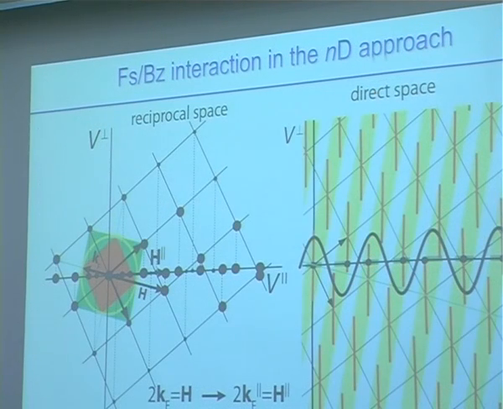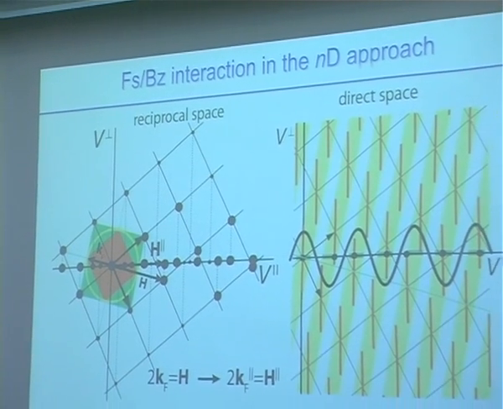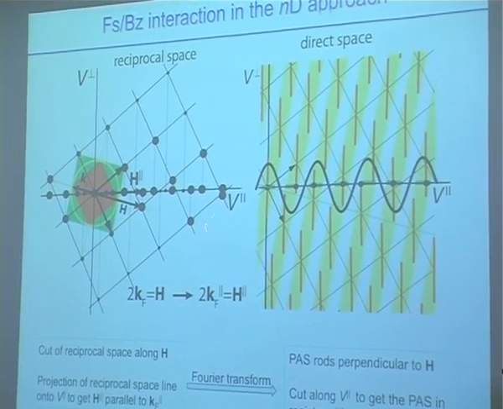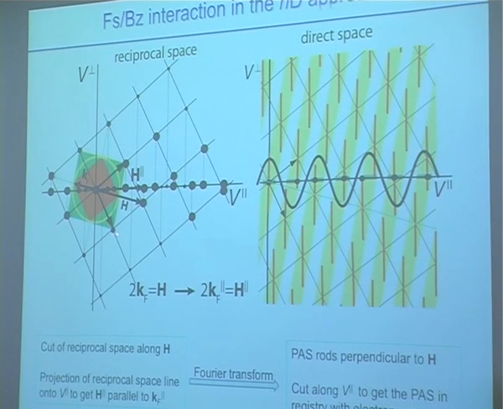And how to describe it in higher dimensional space? That's my last slide in this sequence. And if you have the Fibonacci chain again, and here you have the reciprocal space, then of course you can form in this periodic reciprocal lattice Brillouin zone. You can identify the first and the second Brillouin zone. And you can also define the Fermi sphere or Fermi circle in this case.